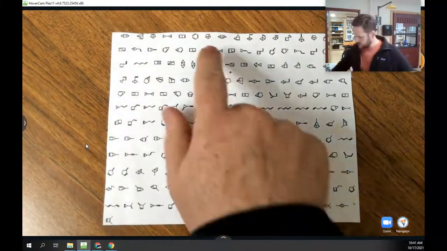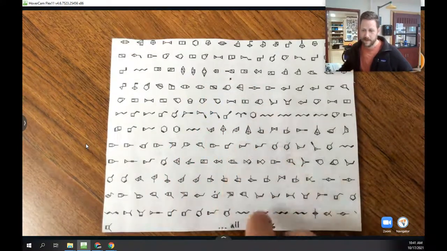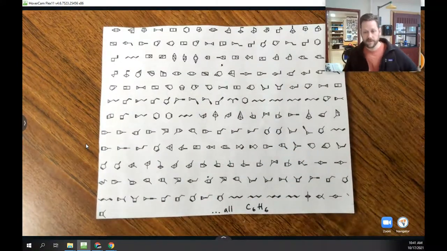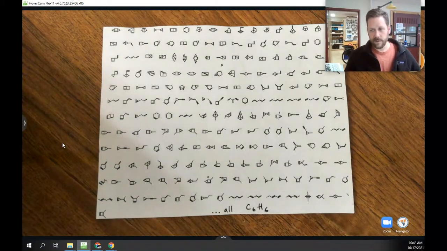And of course, C6H6 is benzene, and we learned what a benzene ring was, but there are a lot of other ways of putting 6 carbons and 6 hydrogens together. So a pretty amazing versatility for carbon. So that's a crash course in organic chemistry for AP chemistry.